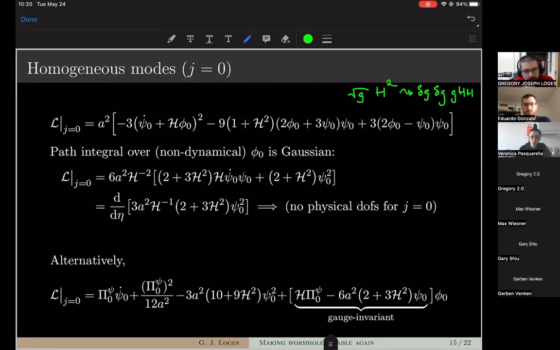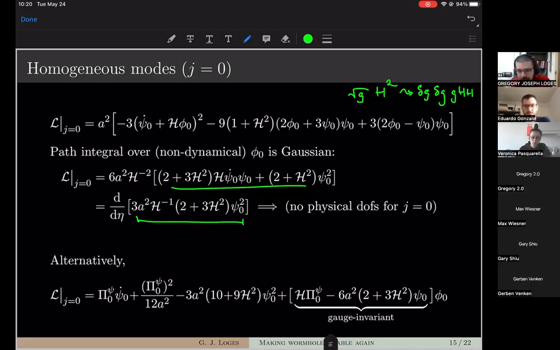We have one non-dynamical field, this phi 0. And so we can perform its path integral exactly. It's some Gaussian that you integrate over. And what you're left with is maybe not too illuminating, but it turns out that this is actually a total derivative. And so the interpretation is that there are no physical degrees of freedom in this homogeneous sector.